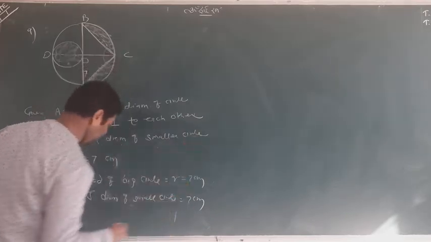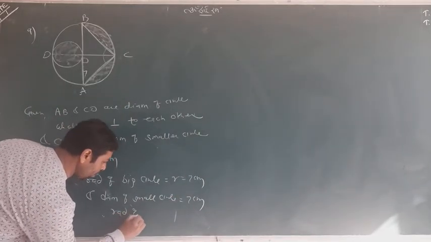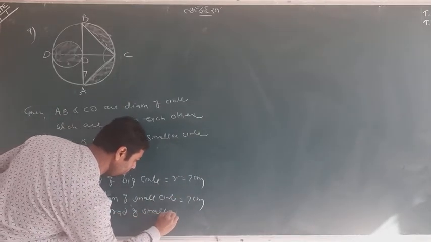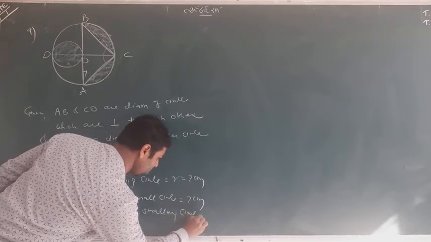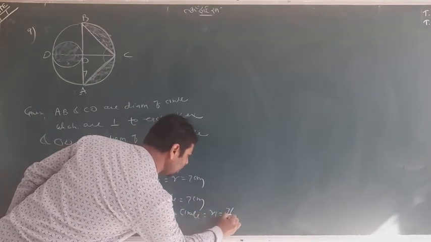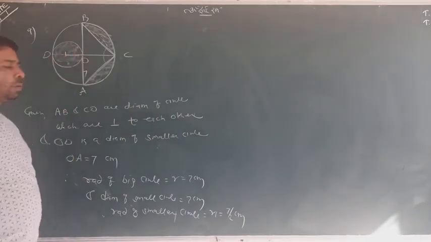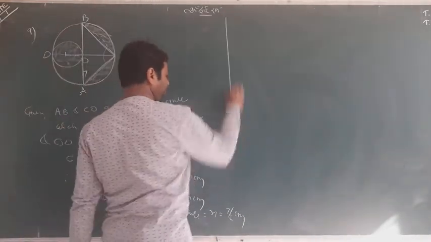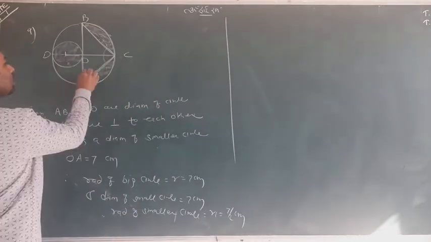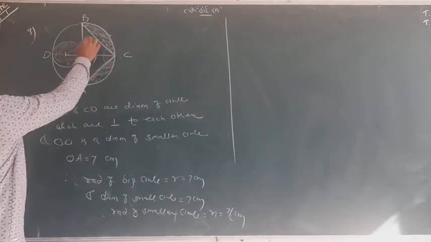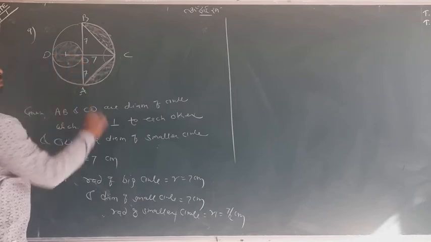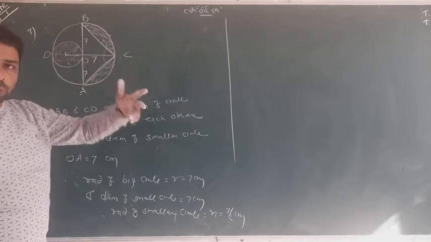That means the radius of the small circle, I am changing the name to R1, is 7 by 2. And now I'll write something. This is 7, this is 7, this is 7.